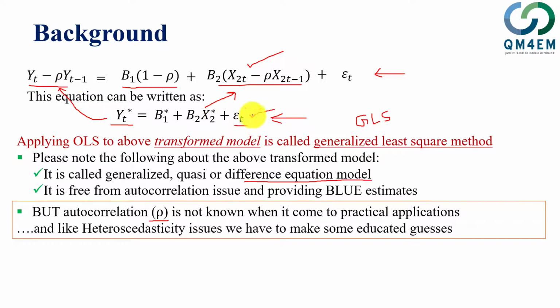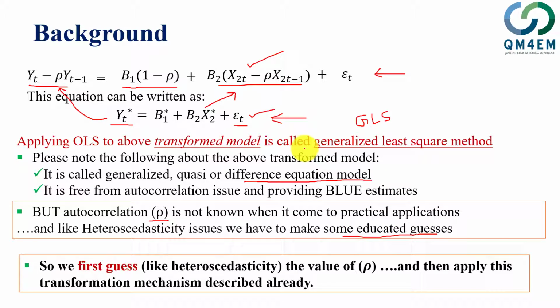So you got an epsilon that is no more autocorrelated, but the problem is you don't have the rho value. So if you don't have the value of rho, what should you do? Again, we stick to some educated guesses for the value of rho, and through that we do this transformation, and that solves the problem of autocorrelation.